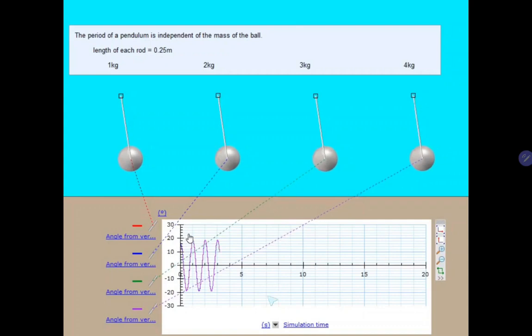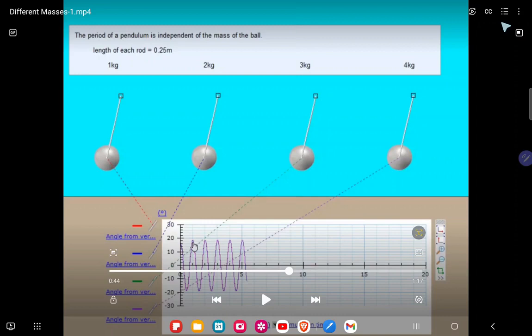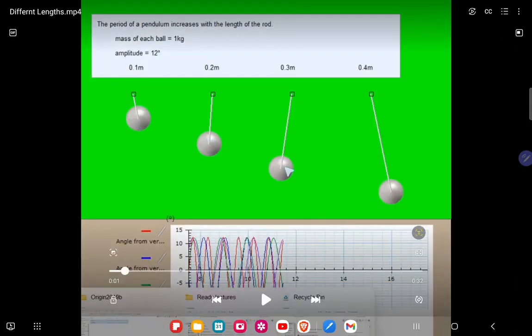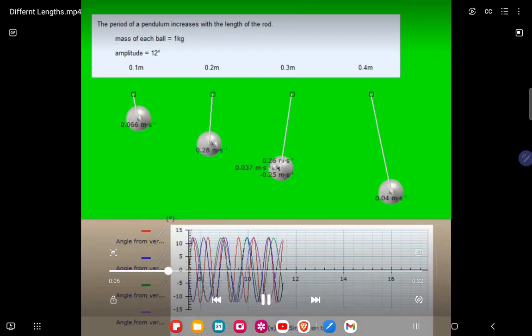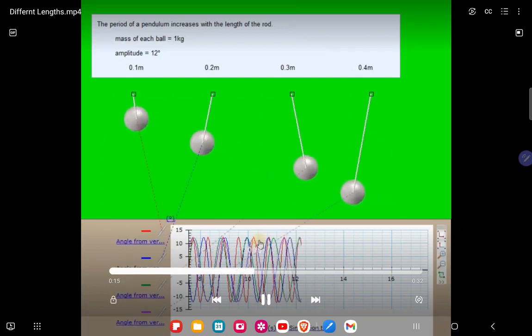Now, in another situation, the four cases have the same mass, but the string length is different for each case. Based on this, the period is different, and it does depend on the string length. So each string length has its own period.